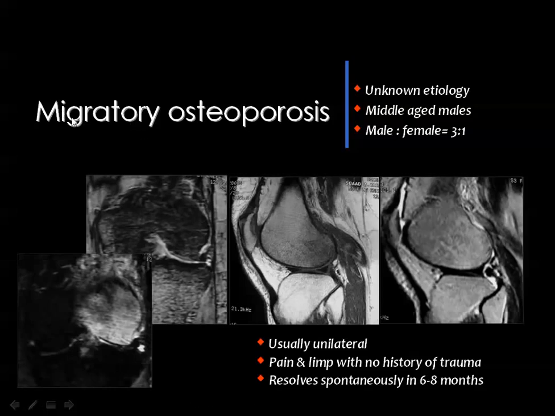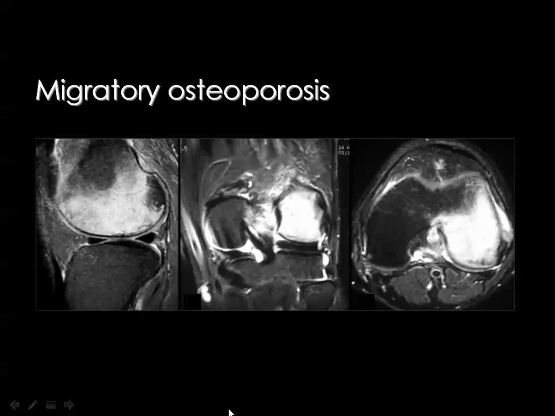And from its name, migratory osteoporosis, it may affect one joint, then migrate to another joint. But you know that this disease is a self-limiting disease, and it may resolve spontaneously within 6 to 8 months.